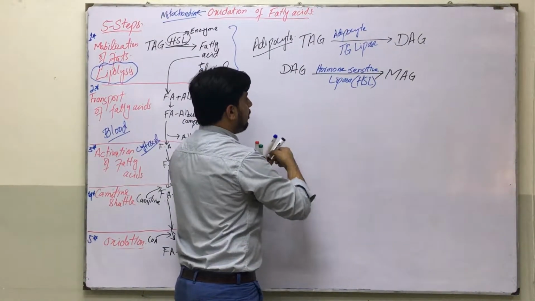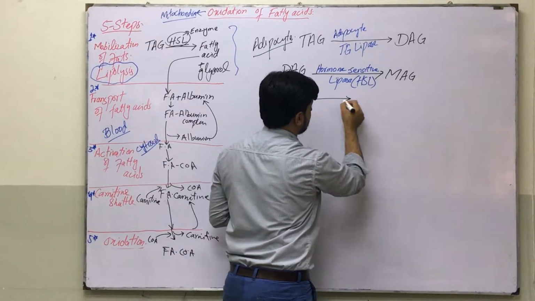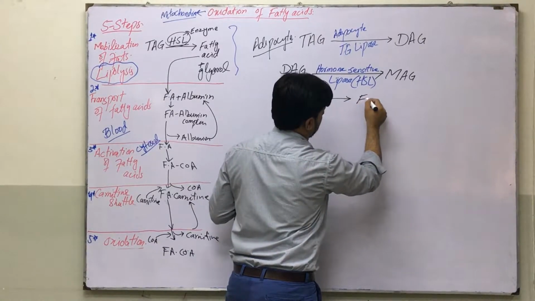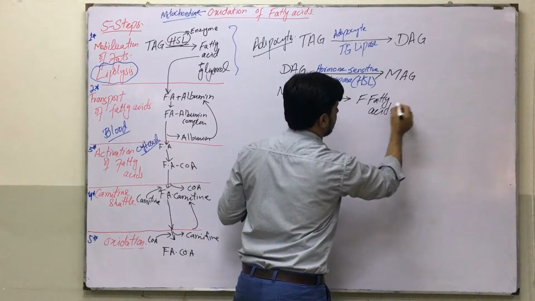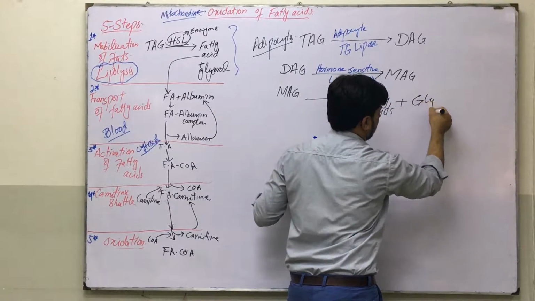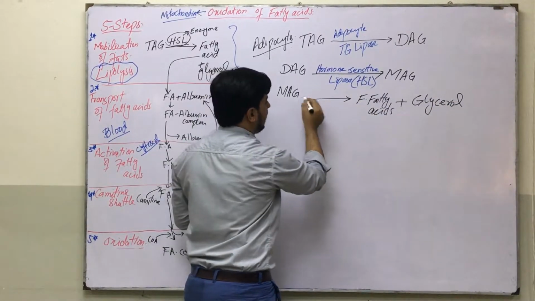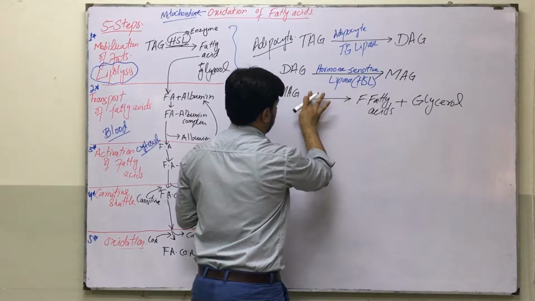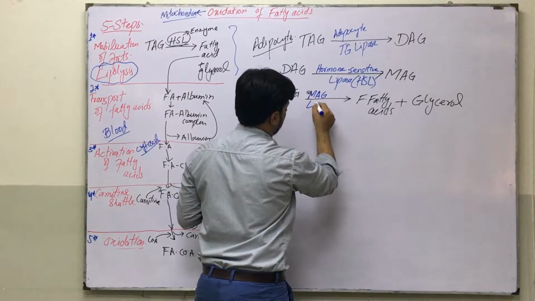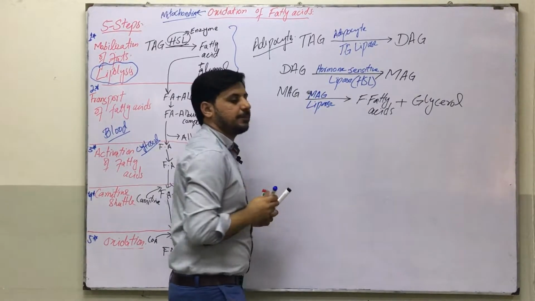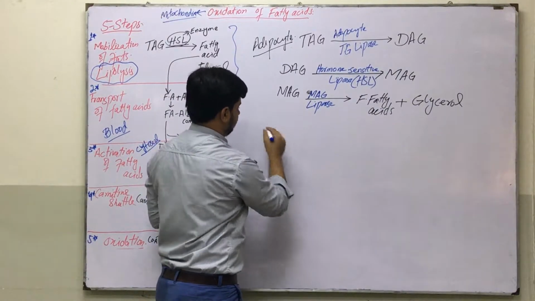And then the monoacylglycerol is converted into free fatty acids plus glycerol, and the enzyme involved is again monoacylglycerol lipase. So first of all, let's see the regulation of this HSL.